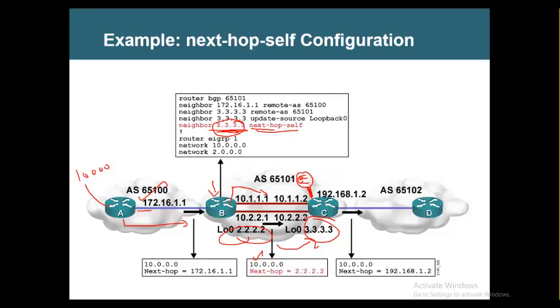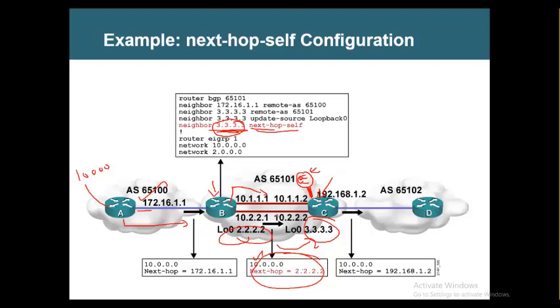Now when router C forwards it to E, it will forward exactly the same thing, because C and E are IBGP. C will forward it with the same next hop, but again, there is an IBGP split horizon rule.